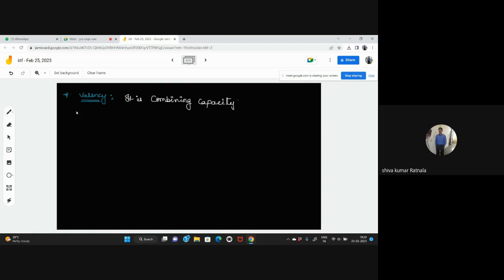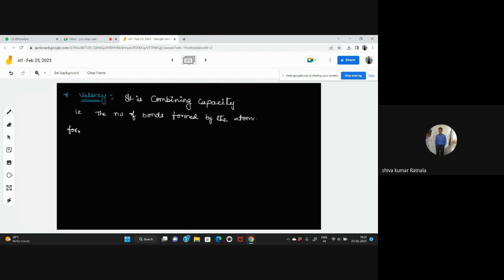That means the number of bonds formed by the atom.